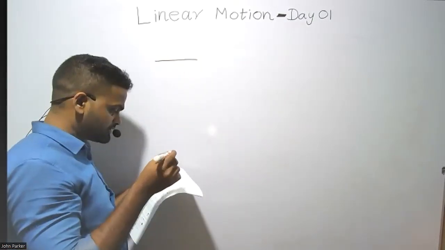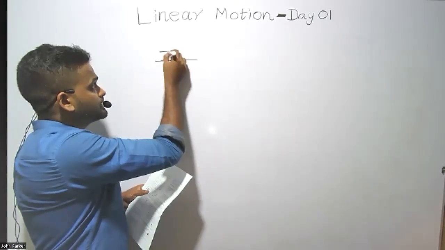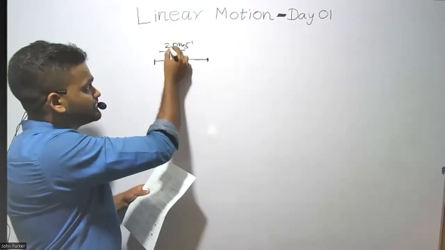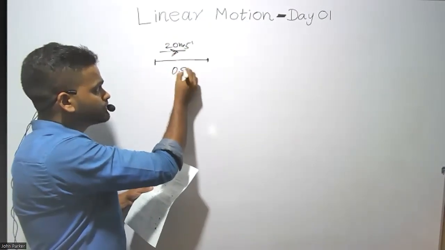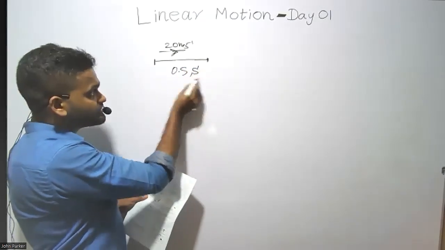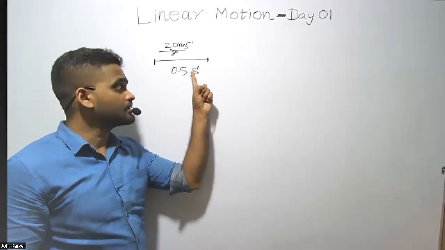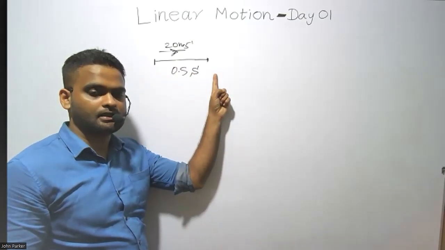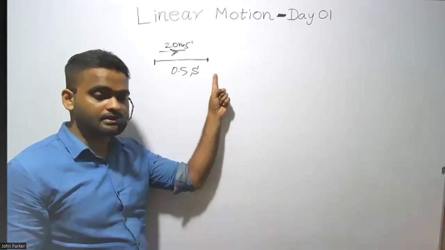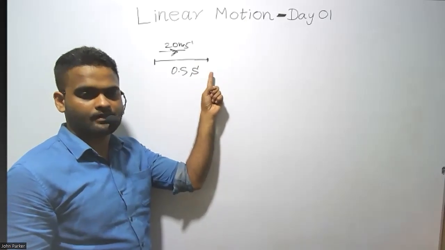So he has a speed of 20 meters per second. With this speed, he moves for another 0.5 seconds. So this is reaction time. He still is having a constant velocity, because brakes are not applied yet.